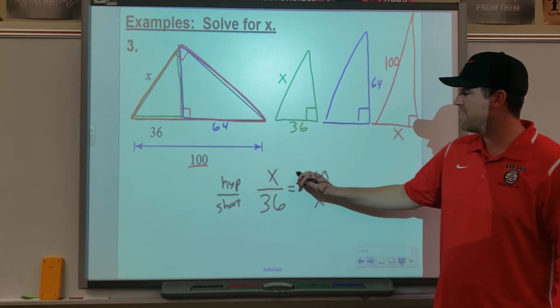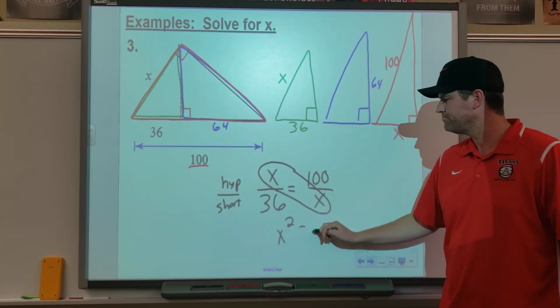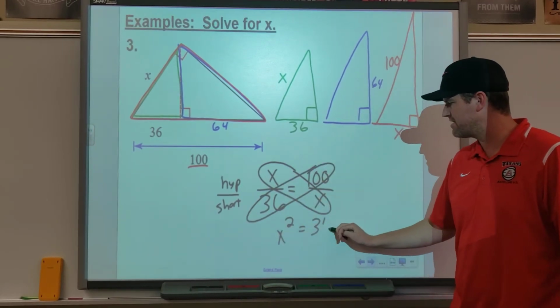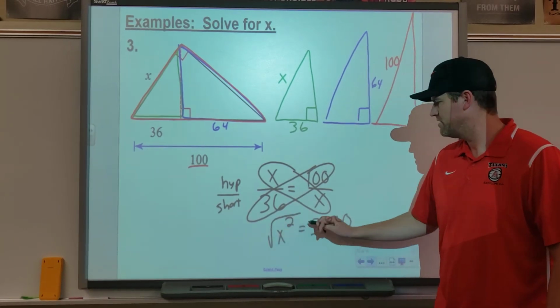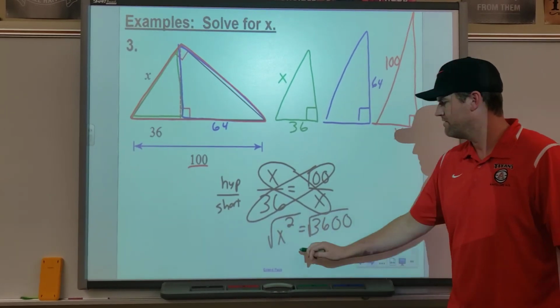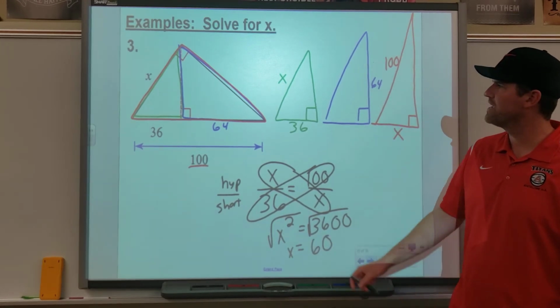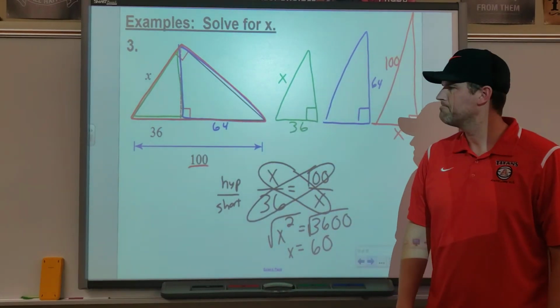And you might notice x times x is x squared, so we are going to have a geometric mean. 36 times 100 is 3600. And then take the square root, and the square root of that is 60. So the length of this side here is going to be 60.